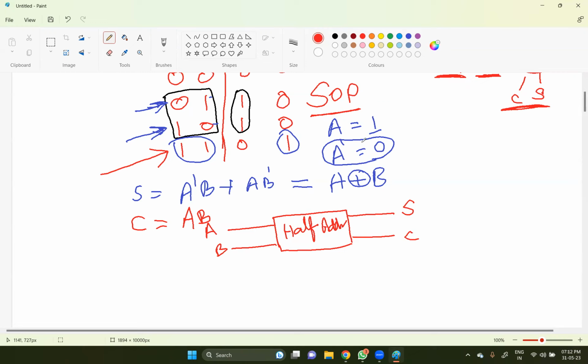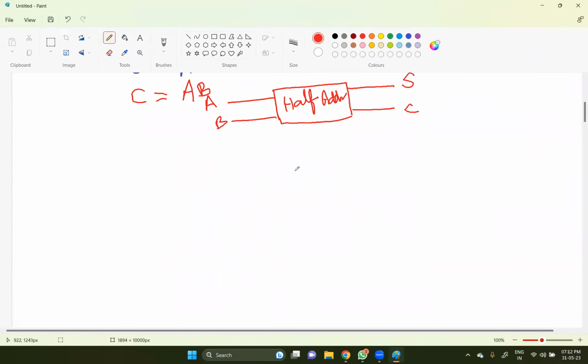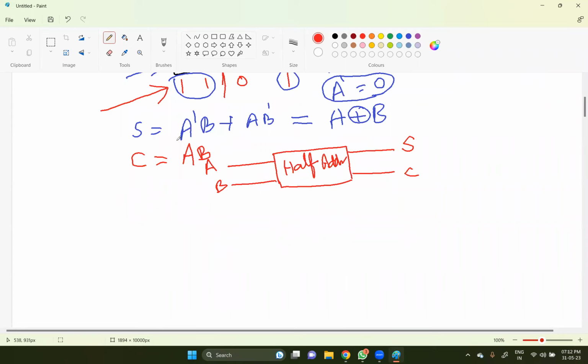And if you are trying to draw the logic diagram for this, it can be seen in this form. Sum will be taken as the exclusive OR of A and B. So A will be one input and B will be another input.